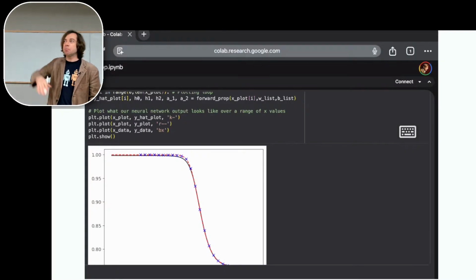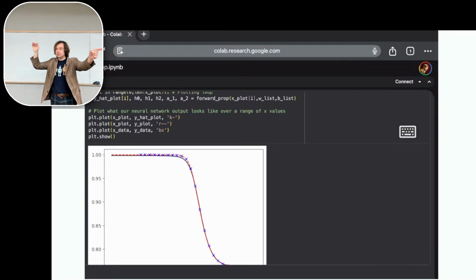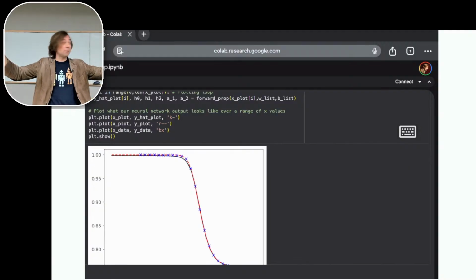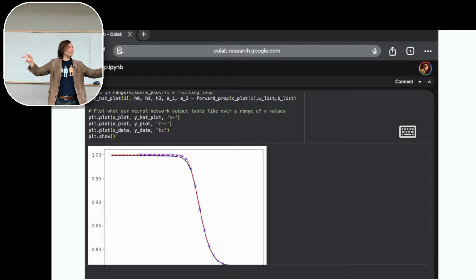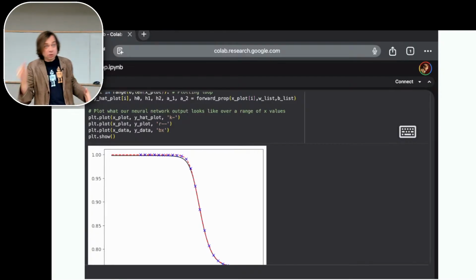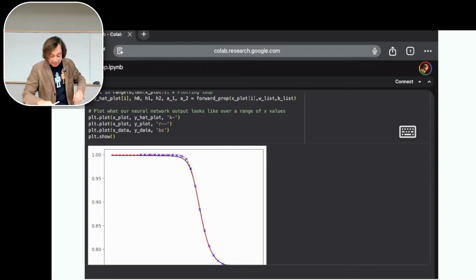Did anyone get numbers that are getting crazy, crazy big? And yes, some people did, right? Some people knew immediately what to do before we remembered to tell you what to do, okay? To normalize your data, okay? There are tricks like that that are very important for machine learning generally, but also for fitting neural networks specifically. That's what we're going to cover today.